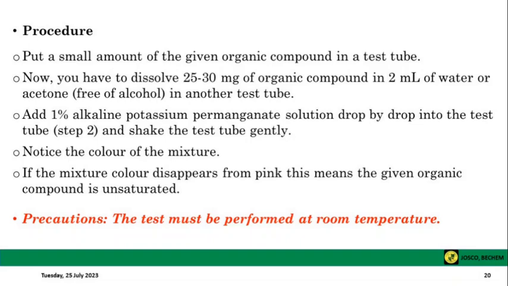Or you can dissolve it in acetone in a different test tube. Once your sample has been prepared, you can then add 1% of the alkaline potassium permanganate solution that you prepared.